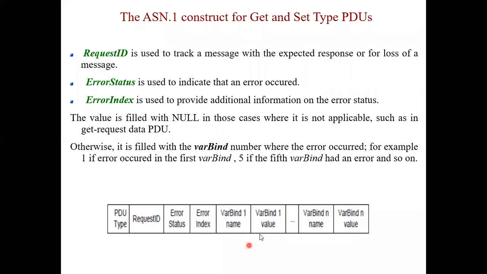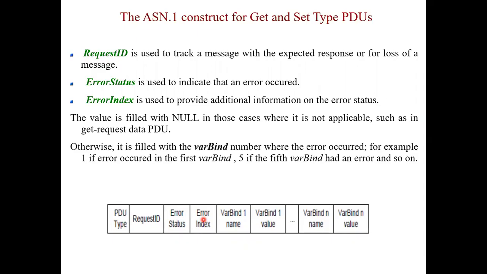Then error index, after the error status, the fourth field. It is used to indicate additional information on the error status. Like whether the packet was in error, it was received on some other port, it was meant for some other manager, SNMP was not enabled on that port, one might be a managed object, one might not be a managed object.